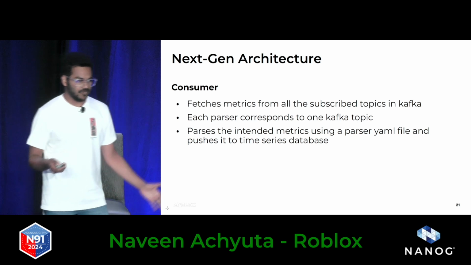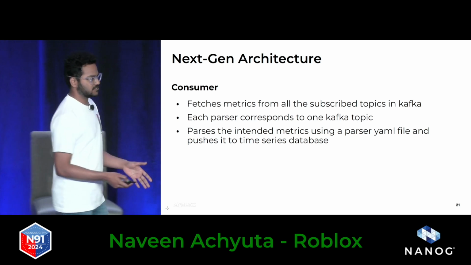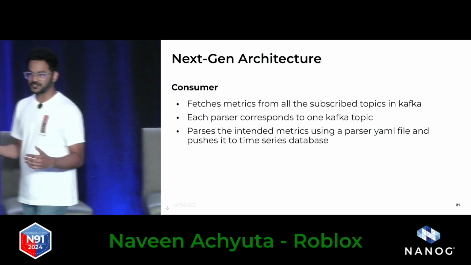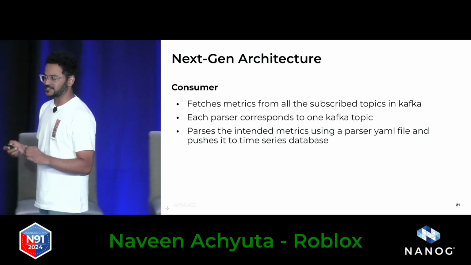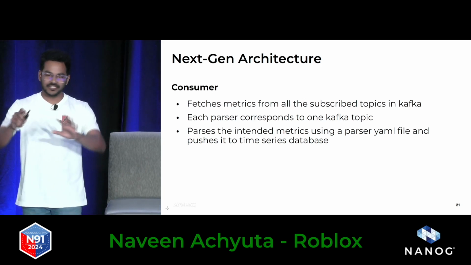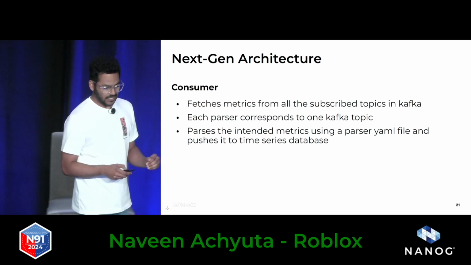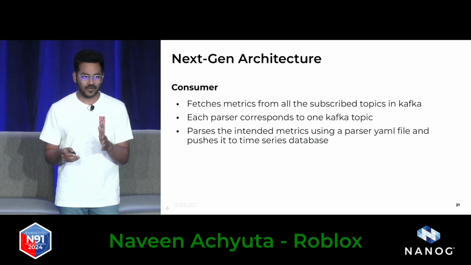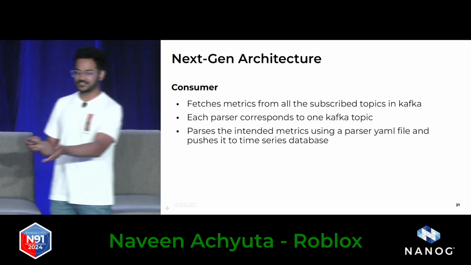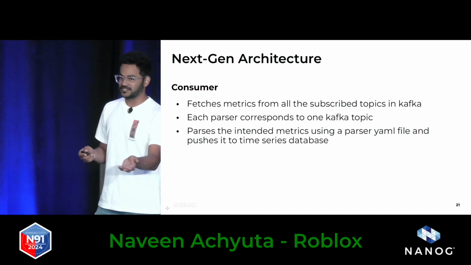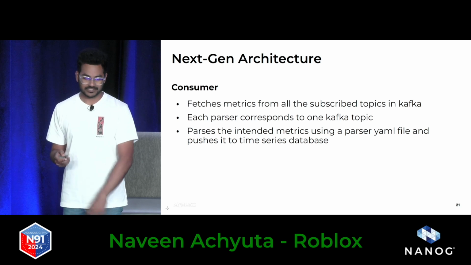So now everything is in Kafka. We have all the messages. Now, what does the consumer do? The consumer is subscribing to all these topics, whatever we have defined. And we know what the topic has. Let's say in this case, the interface GNMI stats we get from interface.